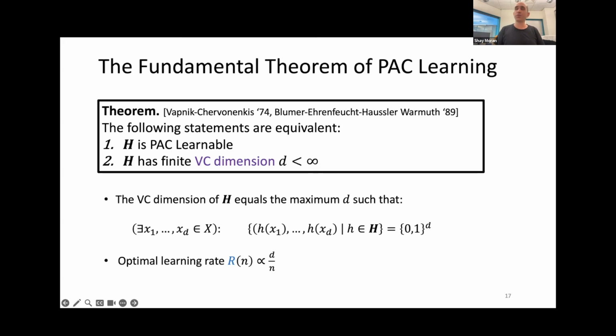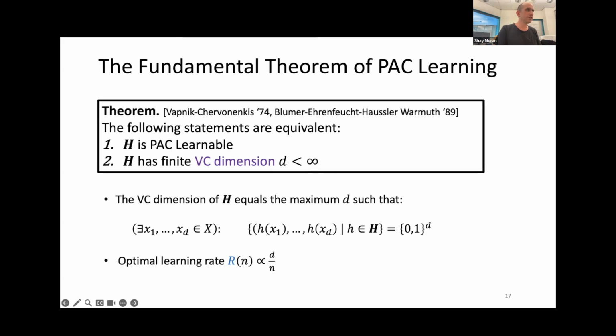By the way, a nice problem is to calculate the VC dimension of geometrically defined classes. For example, for thresholds, the class we discussed earlier, the VC dimension is 1, right?